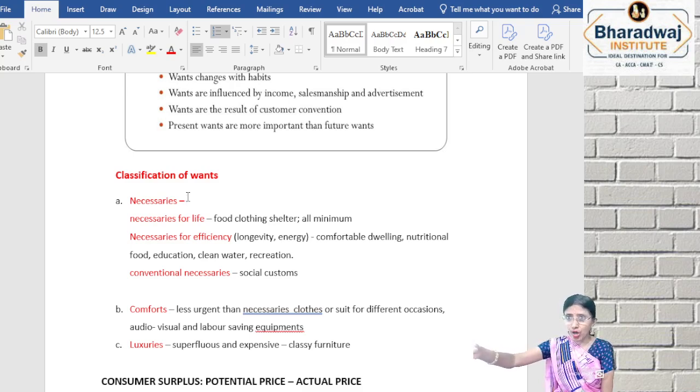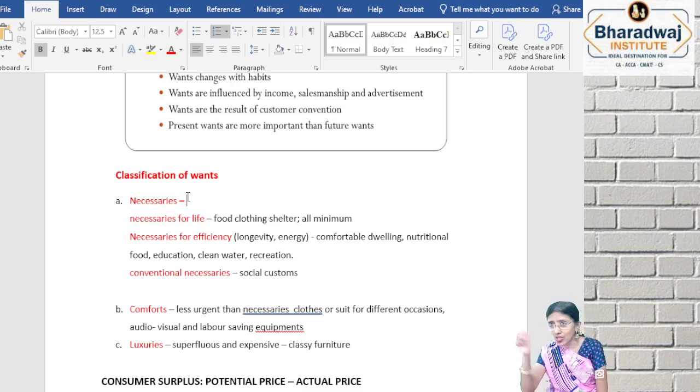But taking pure filtered water is necessaries for efficiency. Clean water. So example will be clean water. Nutritional food. So you will have a prefix. That is necessaries for efficiency.